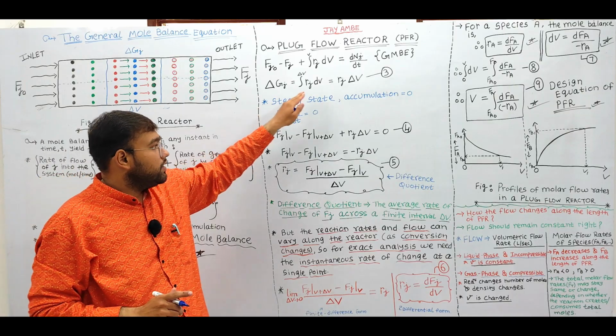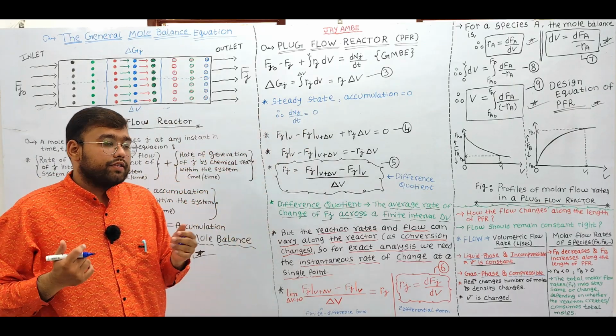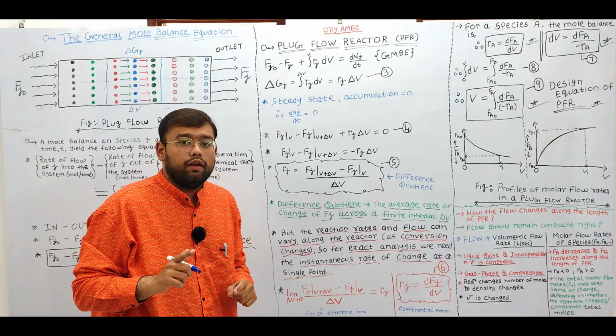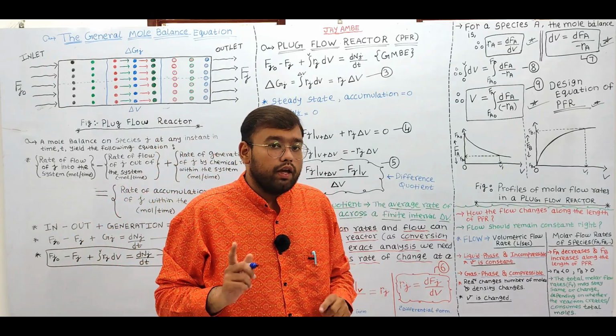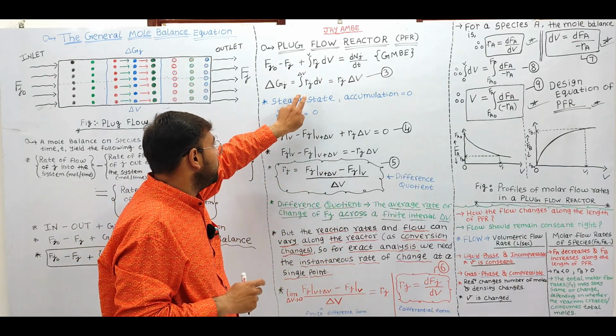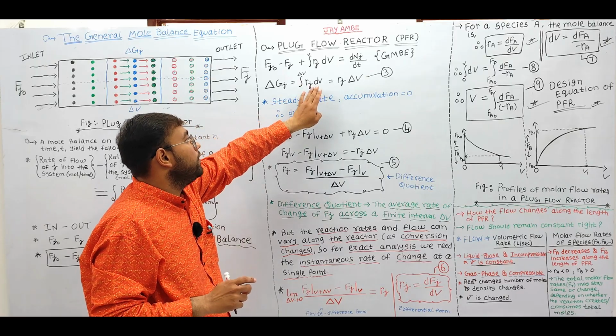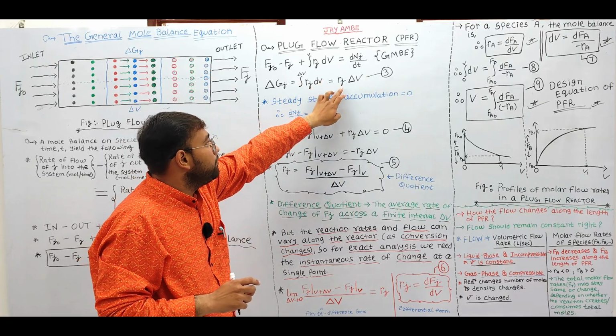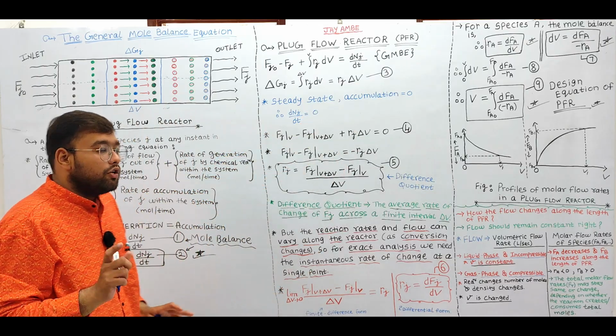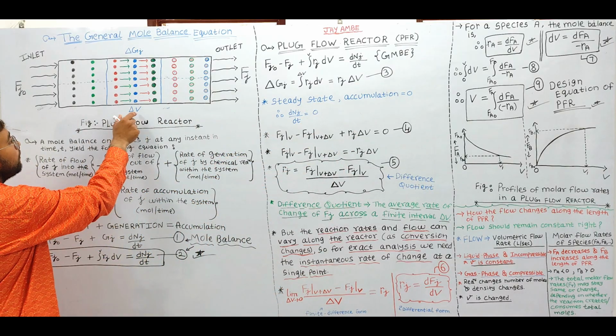I already explained this in the previous lectures. If you want to recall, I request you to please watch my previous lecture. Why are we writing delta Gj as the integration of rj dV, and converting it into the simple form rj times delta V?